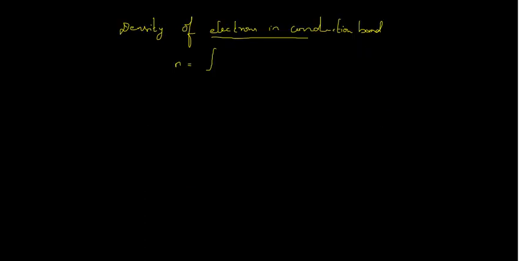Here you can write EC to infinity, Z of E, the number of energy states, into F of E, the probability of finding an electron, that is the Fermi distribution function, into dE.